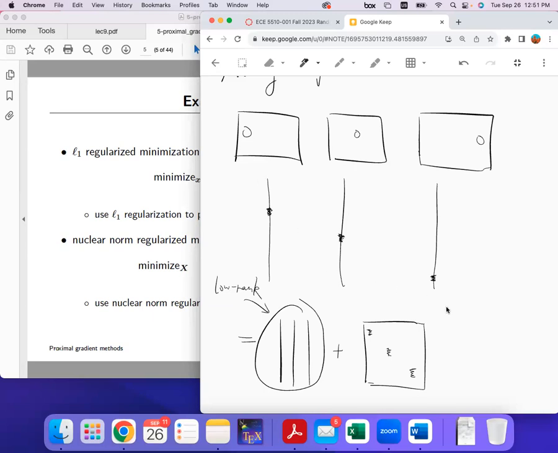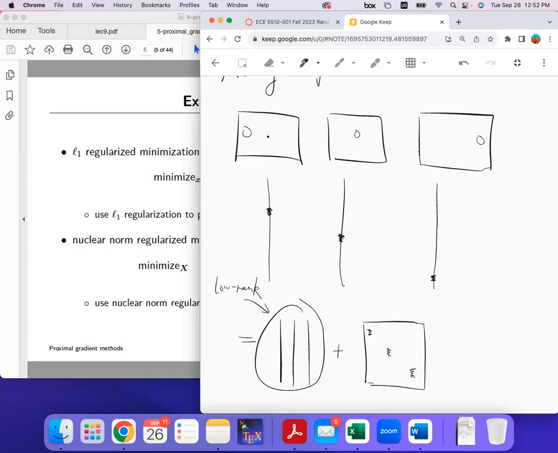What does it mean to be low rank? In this case, all the columns are exactly the same in this static background. So imagine you have a matrix where all the columns are exactly the same. This is a rank 1 matrix. They are not just the same size, they are exactly the same.